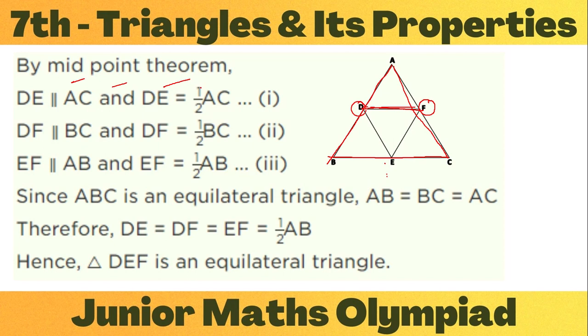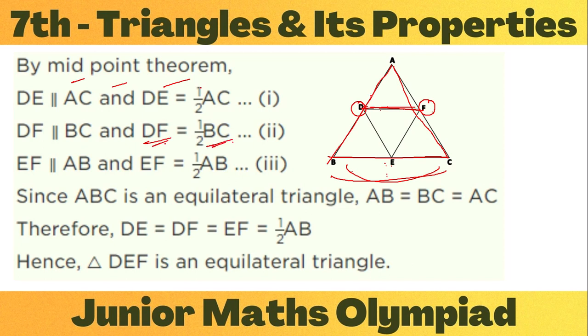It will be parallel, that is one condition, and its magnitude will be half of the opposite side. So this DF will be parallel to BC and it will be equal to half of BC.